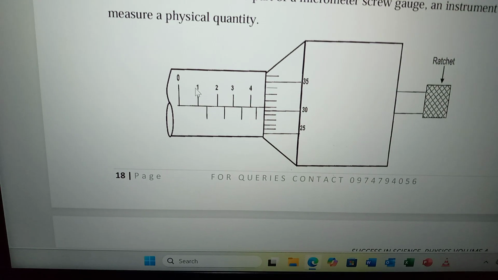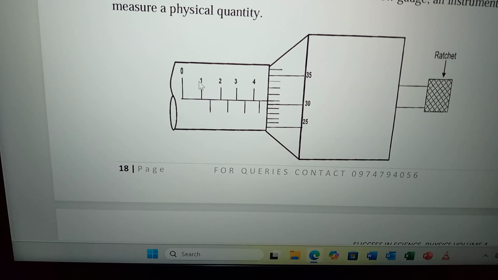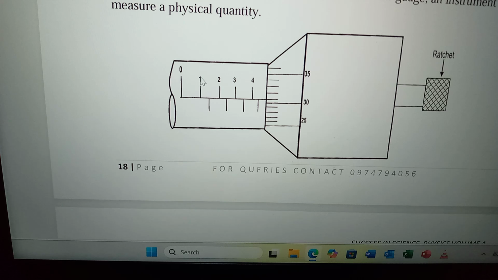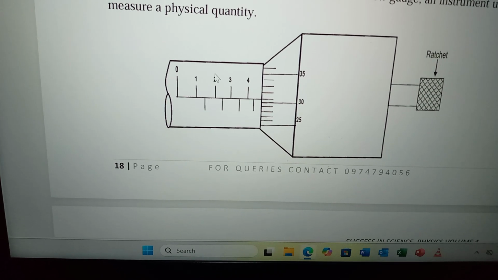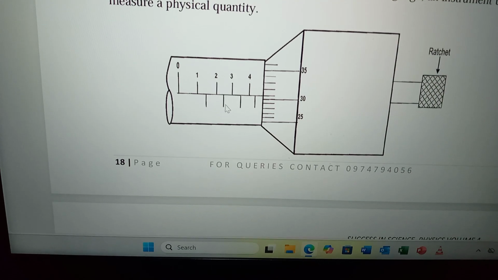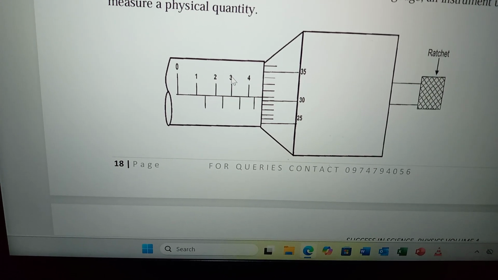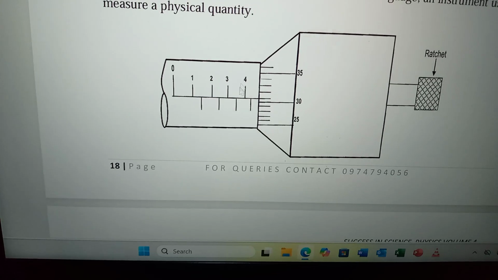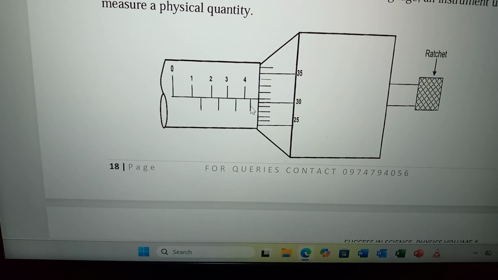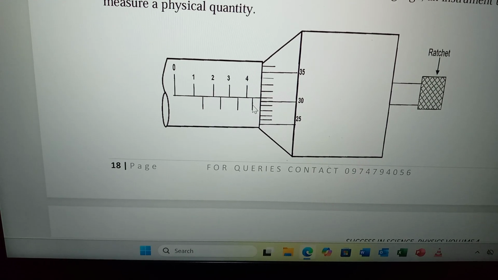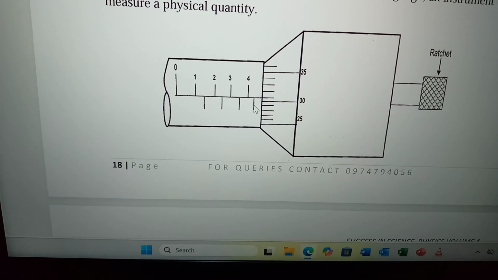So getting the readings, you're going to start from 1.5, then 2.5, from there 3.5, then 4.5, meaning that is your reading in the main scale.